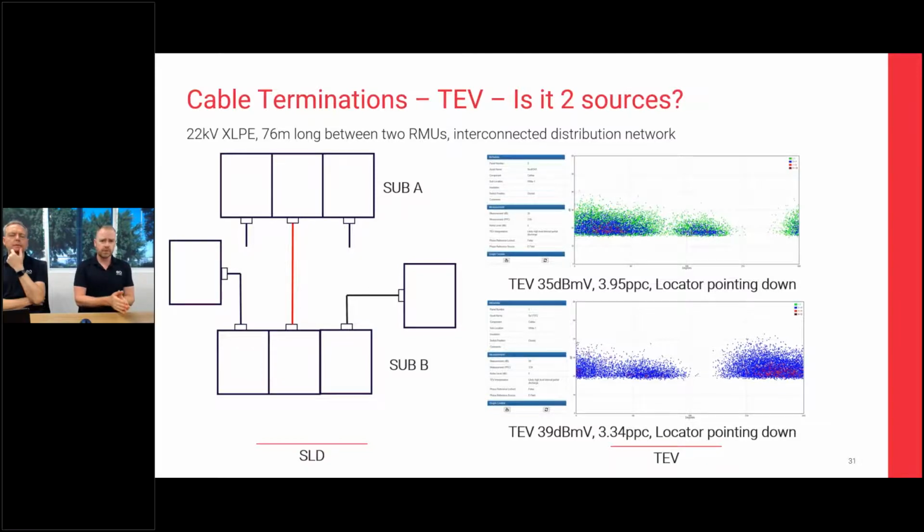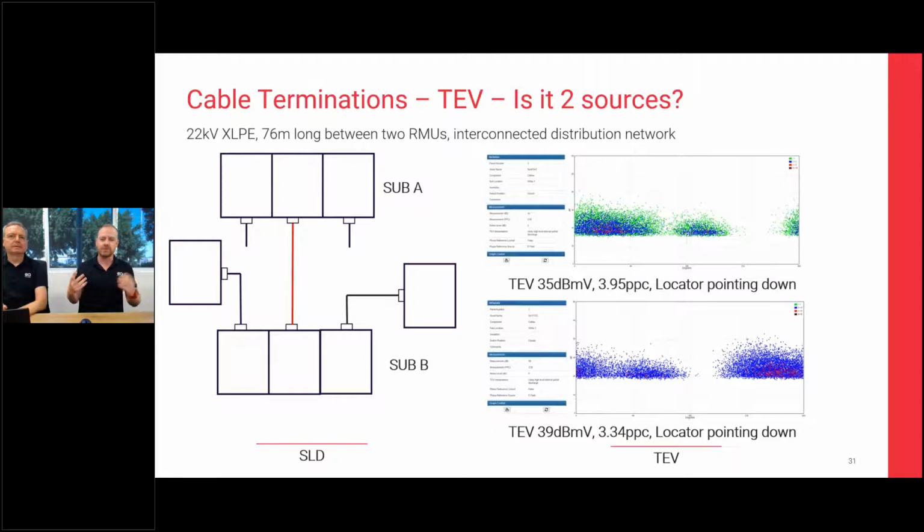So if we were to stop at that point and we weren't thinking about the network connected as a whole, what we may end up doing is saying, right, you've got some cable terminations or potentially a bushing or a defect within an RMU at substation A, and then also at substation B, we've probably got a termination or a bushing or an internal to the substation defect, and we could end up making a misdiagnosis, because we're thinking that there's two different PD sources.